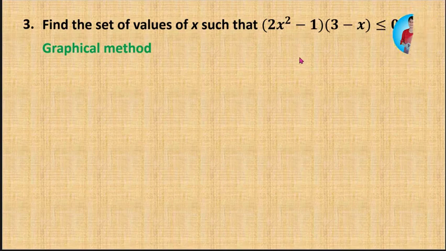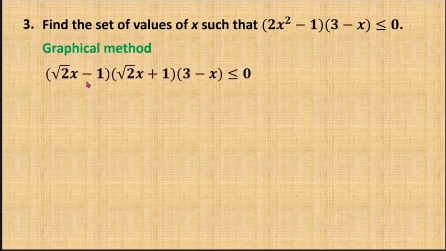Notice that in this polynomial, I have one linear factor and one quadratic factor. So, before sketching the graph, I need to further factorize the quadratic factor such that the polynomial is in the form of linear factors. After factorizing the quadratic factor, now the polynomial is in linear factor form.